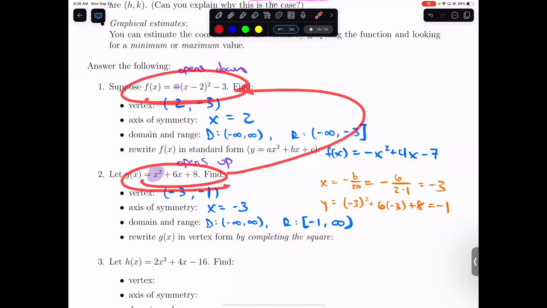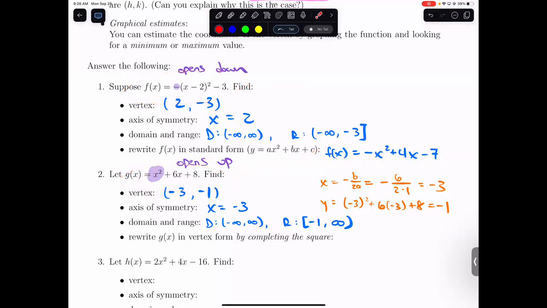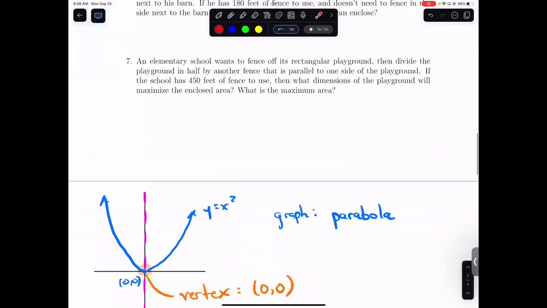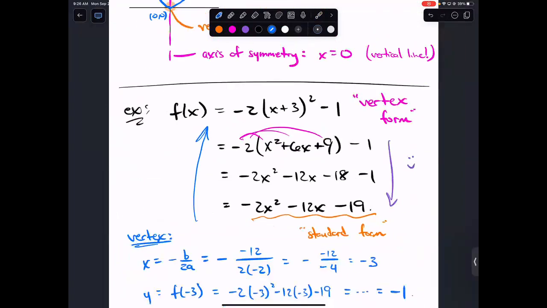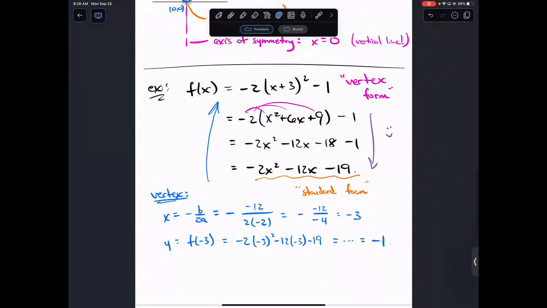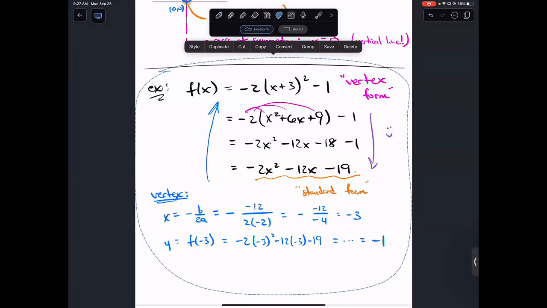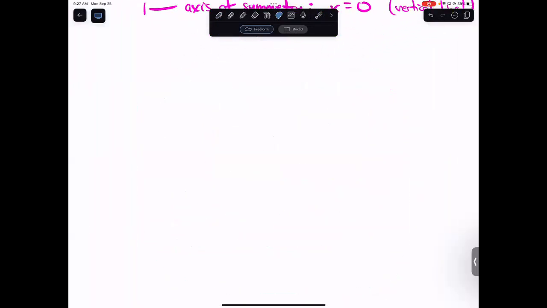A minute ago when we expanded this whole thing, completing the square is the way to work from bottom to top there. Okay, so what was it? X squared plus 6x plus 8.